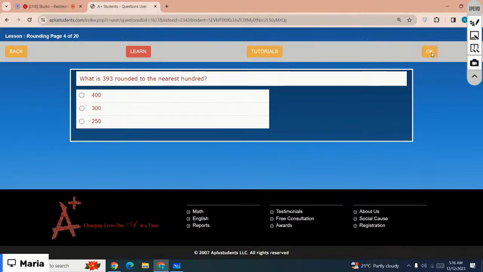Yes, 393 is rounded to 400. The correct option is 400.